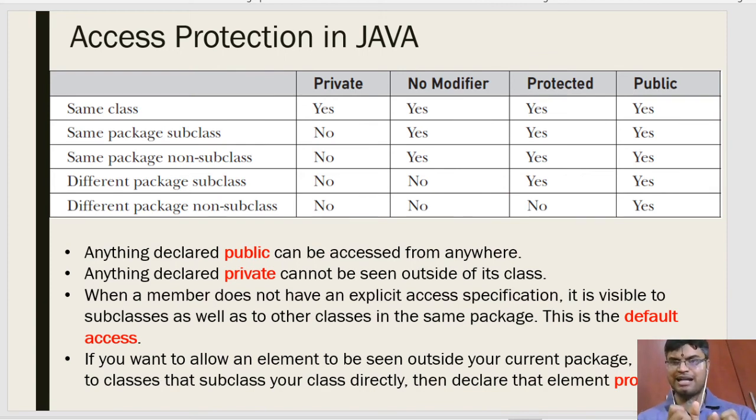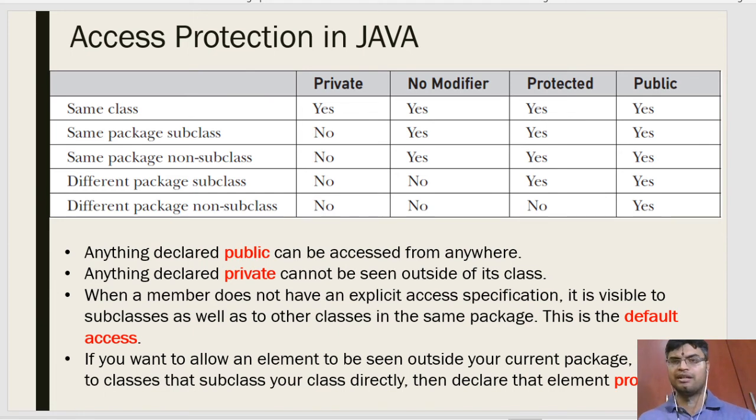That means that it can always be accessible throughout the program within the same package, within the subclasses or with non-subclasses, but it can also be accessed in a different package, for example week 2, okay? And in week 2, only the class which extends the parent class in that week 1 package, that subclass only, can access that protected function.